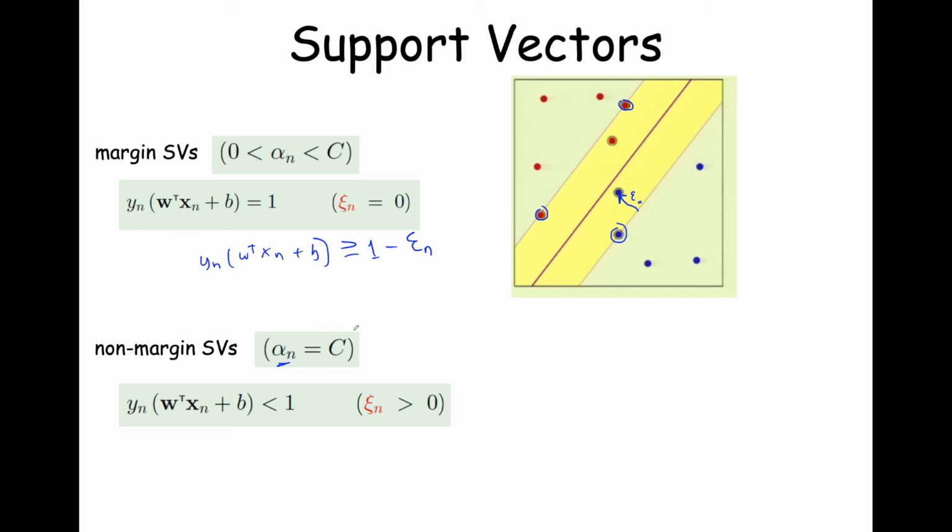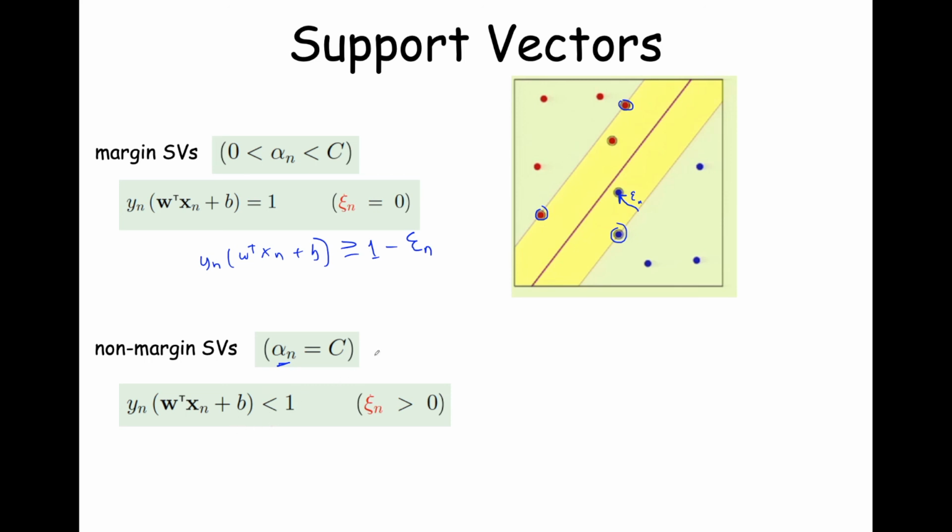Okay. So for this case, we have this expression, yn (W transpose xn plus b) is less than 1, right? Because you're subtracting off this psi n. If you're on the margin, it's equal to 1, so it has to be less than 1, because this psi n strives to subtract from that 1 to give that expression less than.